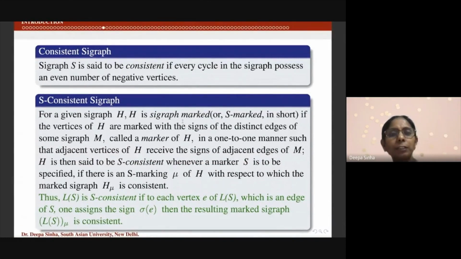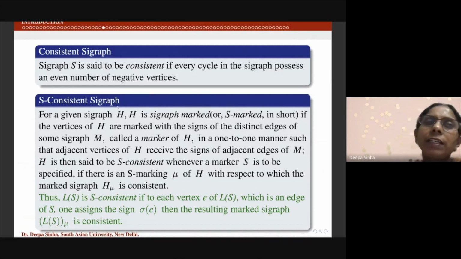The sign graph is said to be consistent if every cycle in the sign graph possesses an even number of negative vertices. Okay, so whenever this has an even number of negative vertices, then it will be said to be consistent. And when can you say that the sign graph is consistent? Since we are taking the derived sign graph as the line sign graph, the marking in the line sign graph of a sign graph is such that the vertices are given by the edges e1, e2, e3, e4.